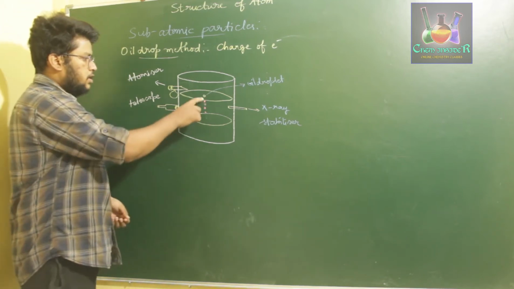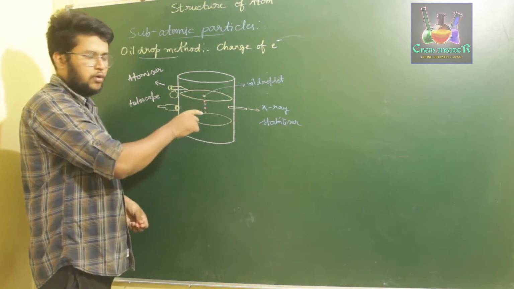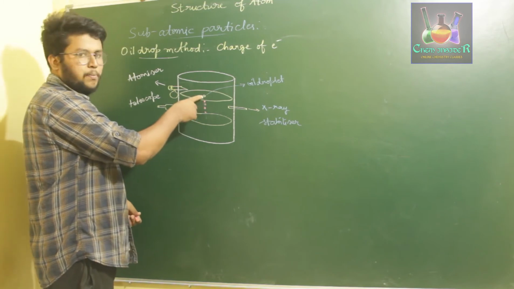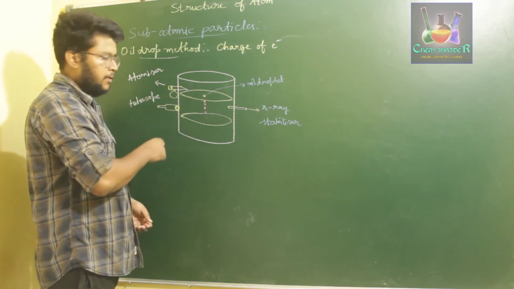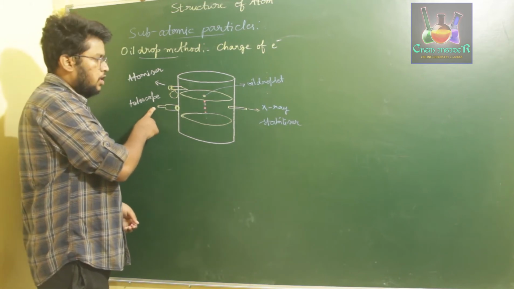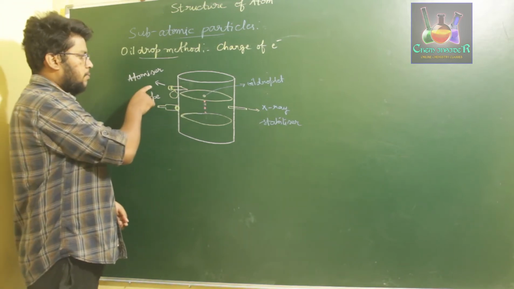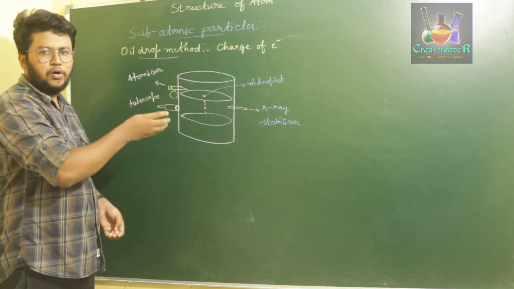Between these 2 plates we have an X-ray stabilizer which stabilizes the motion of droplets from the top layer to the bottom layer, then a telescope attached with a micro lens which enables us to watch the moving droplets, and an atomizer which is used for dropping the oil droplets.